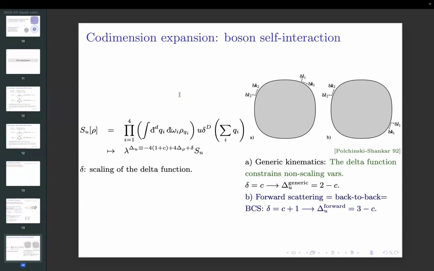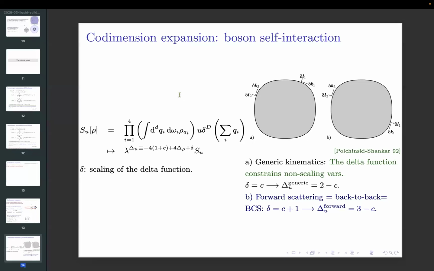The key point is that if you write the whole thing in momentum space, the question is about the scaling of the delta function, which imposes momentum conservation. If the delta function is constraining scaling variables, then the interaction is more relevant than if it's not.